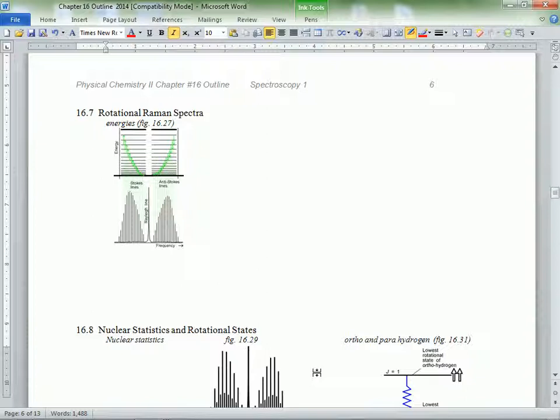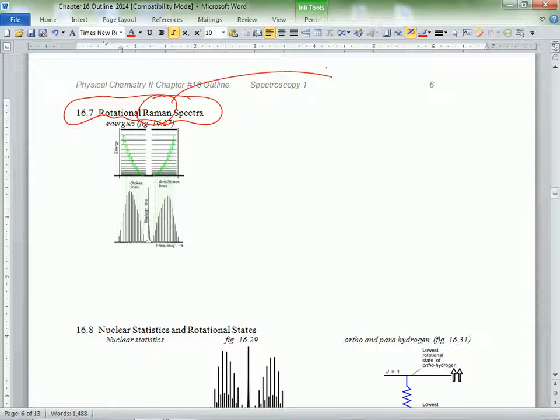Rotational Raman spectra. We'll get the exams back at the end of the hour here. So if we're talking about Raman now, do you remember, for example, if we go back and say FTIR, what did the molecule have to exhibit?